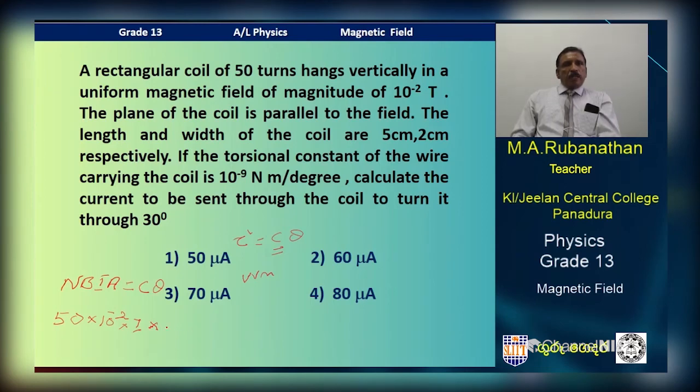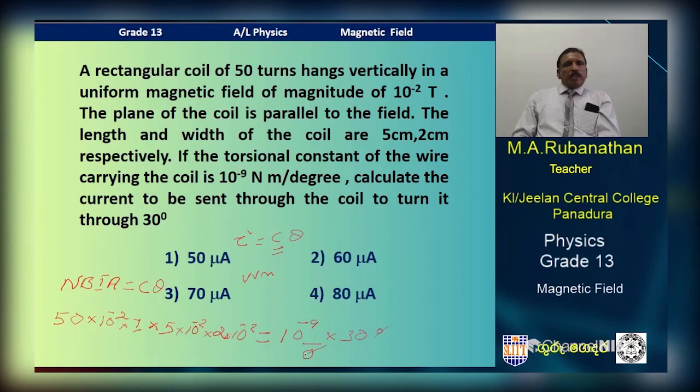Therefore, we have to change this to 5 into 10 to the power minus 2 into 2 into 10 to the power minus 2. That is equal to the torsional constant, here 10 to the power minus 9 Newton meter over degree, into theta. That's also 30 degree.